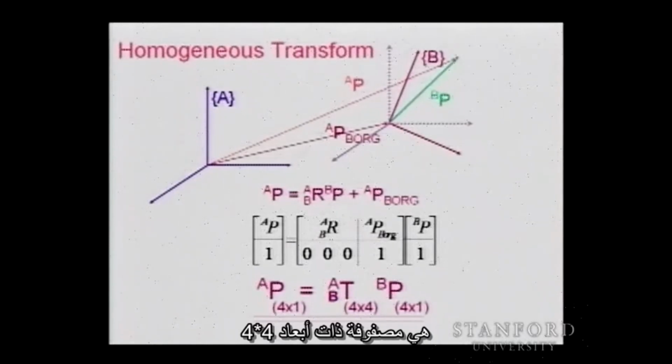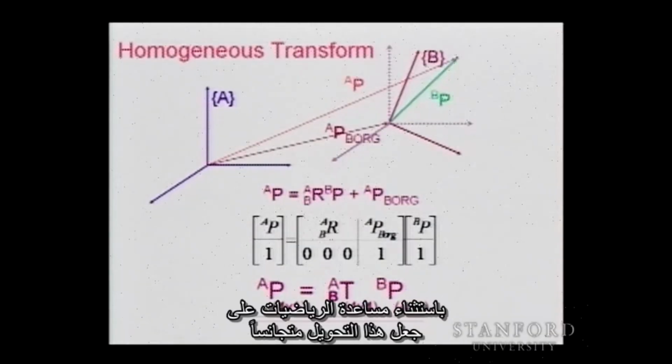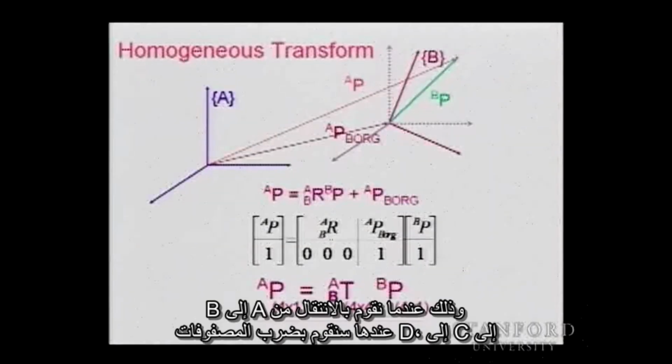It's a 4x4 matrix. You have 4 components that are doing nothing except help the math to make this transformation homogeneous, in that when we go from A to B to C to D, then essentially we are going to just multiply matrices.